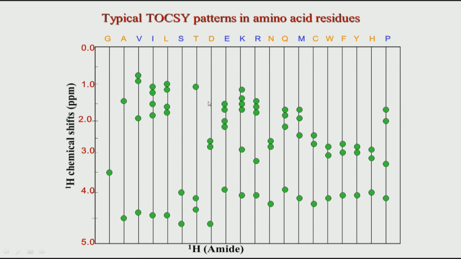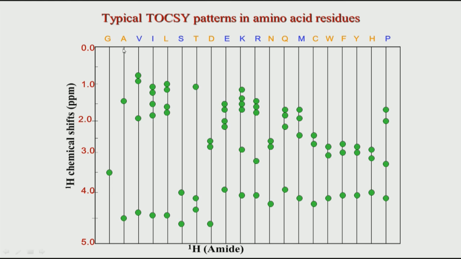That is what is shown here, and you can see each amino acid has a very distinct pattern of peaks expected in this region. So, for example, glycine has only 2 alpha protons, so it can be 2 peaks or it can be 1 depending on the chemical shift. There are no hydrogens in the beta, gamma, delta; it is only alpha, and that comes around 3.5 to 4 ppm.